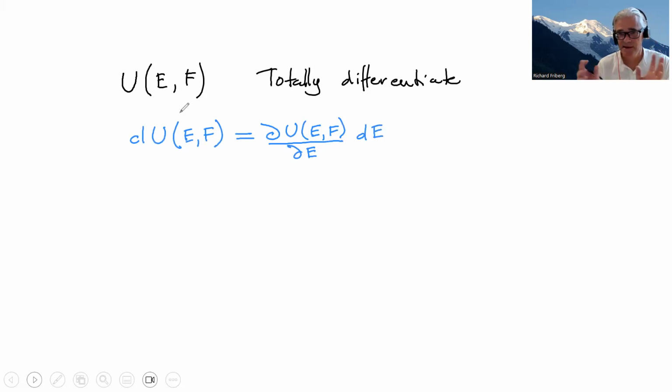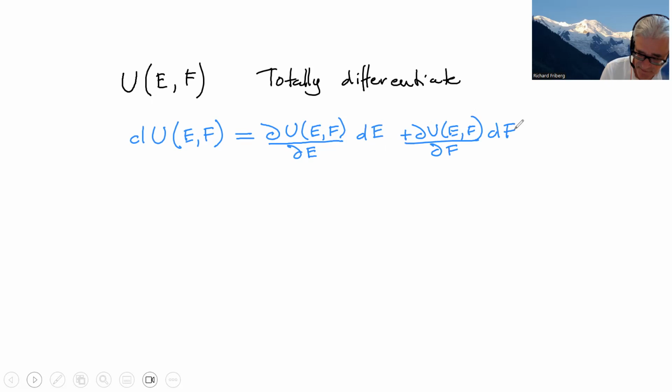It depends on how much E and F are changing and the impact of those changes. So there's a change in E, and how that impacts utility keeping F fixed, and then we want to let F change as well, so the partial derivative of U with respect to F times dF.